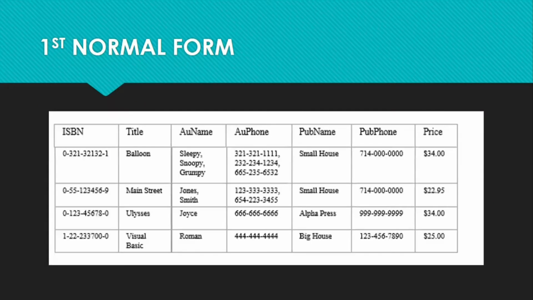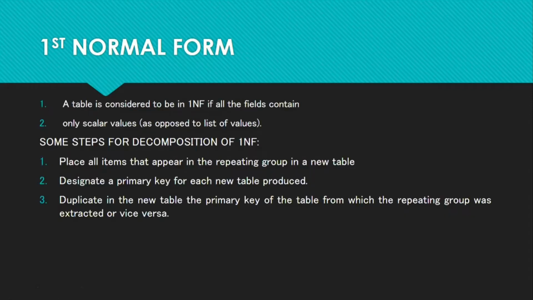Here you can see in one cell there are three numbers. What is the meaning of this? We have to write only one phone number in one cell. Scalar values should be in one cell.